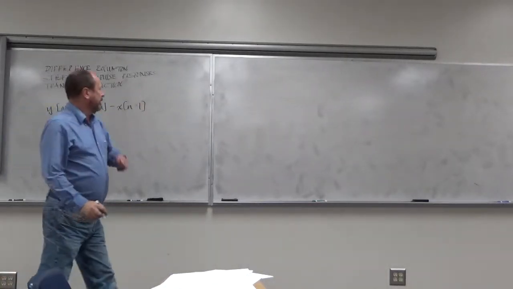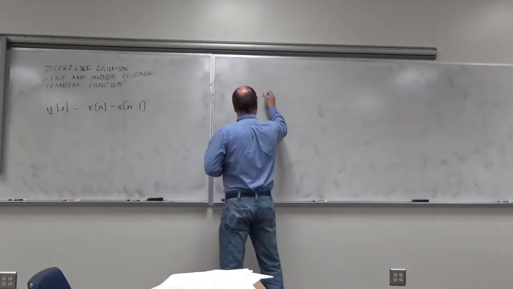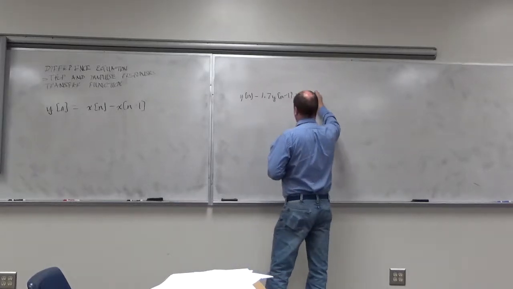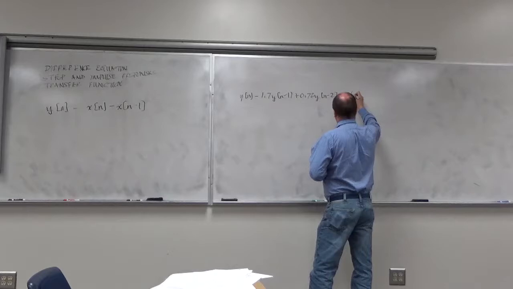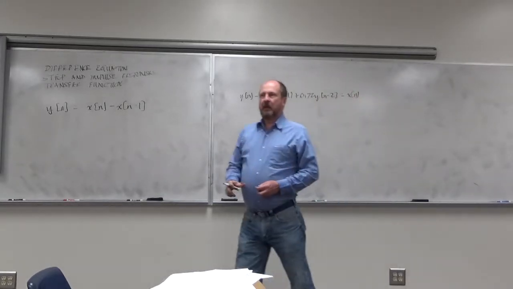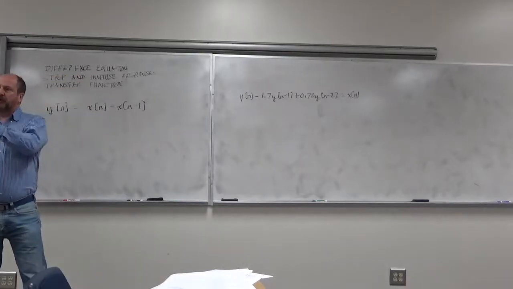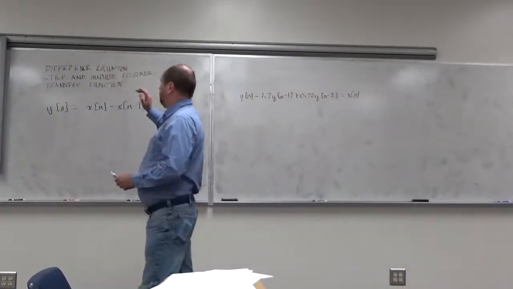And over here, I'm going to write another one, y of n minus 1.7 y of n minus 1 plus 0.72 y of n minus 2 is x of n. Okay? Two difference equations. And I want you to tell me what terms we have used to describe.